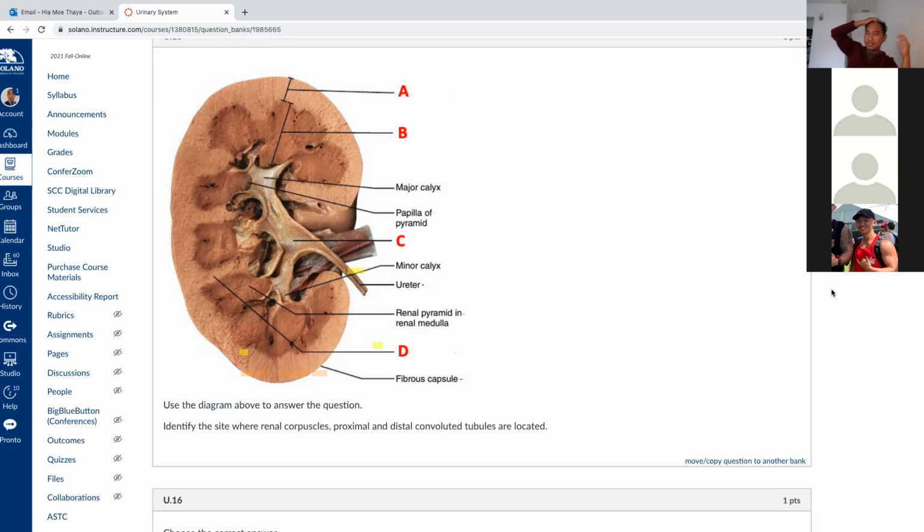The time scale is the same, or maybe I will give you a little bit longer so that you have time to think. But we will only have one chance because it is final.